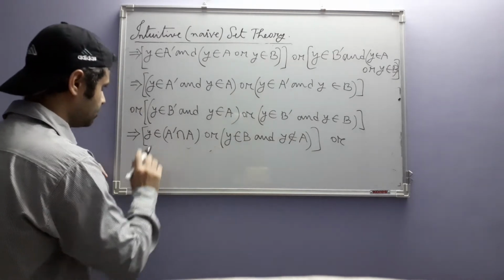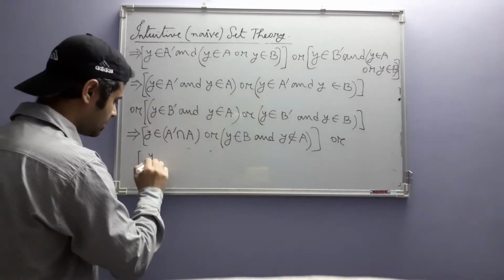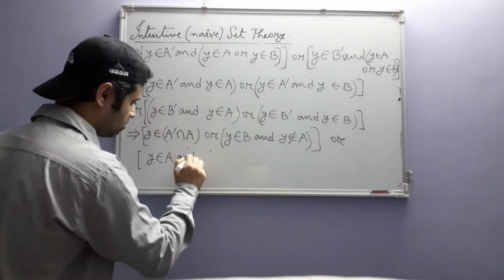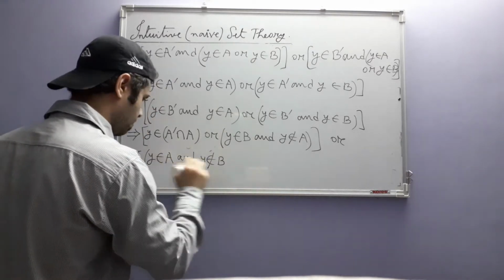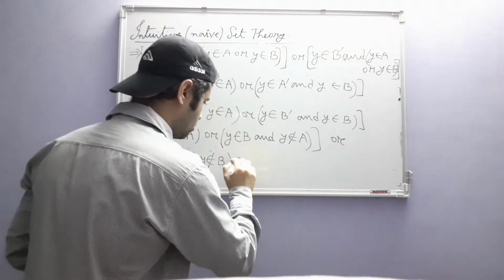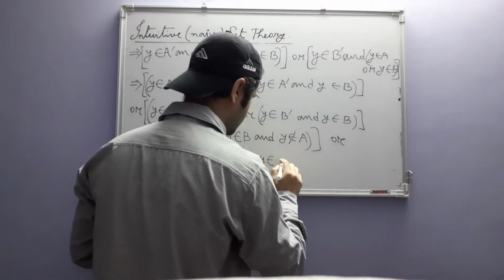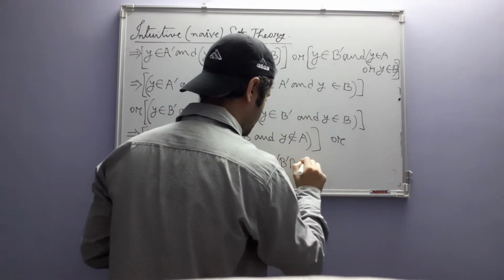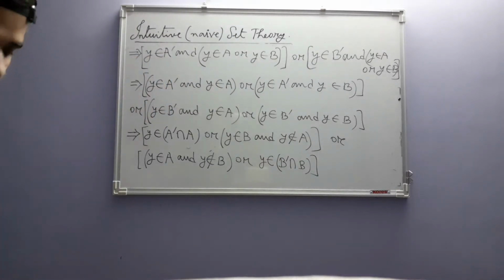So this tells you Y belongs to B complement and Y belongs to A. This can be written as Y belongs to A and Y does not belong to B. Or we have, just like that one, B complement intersection B. Okay.